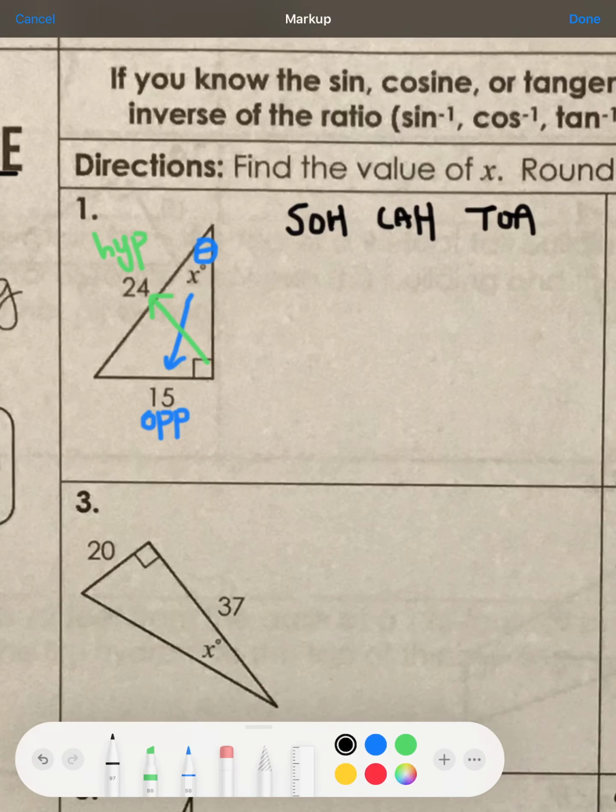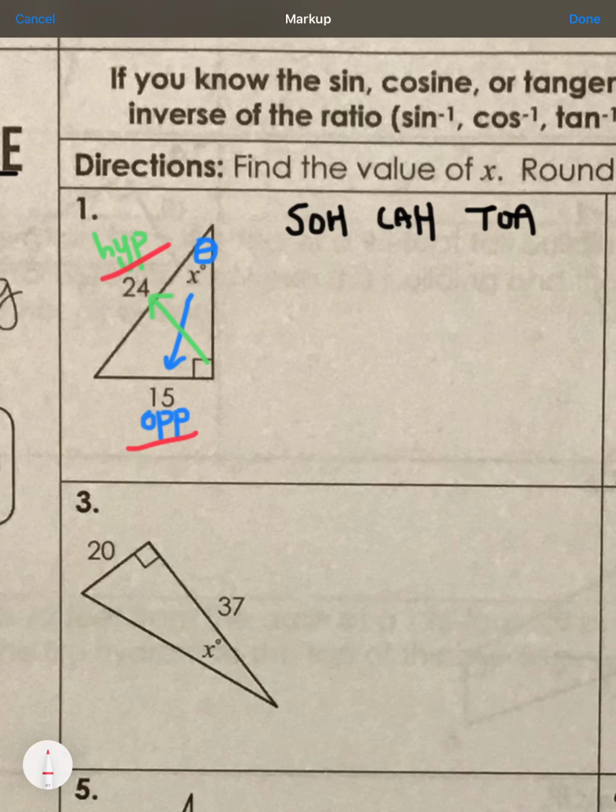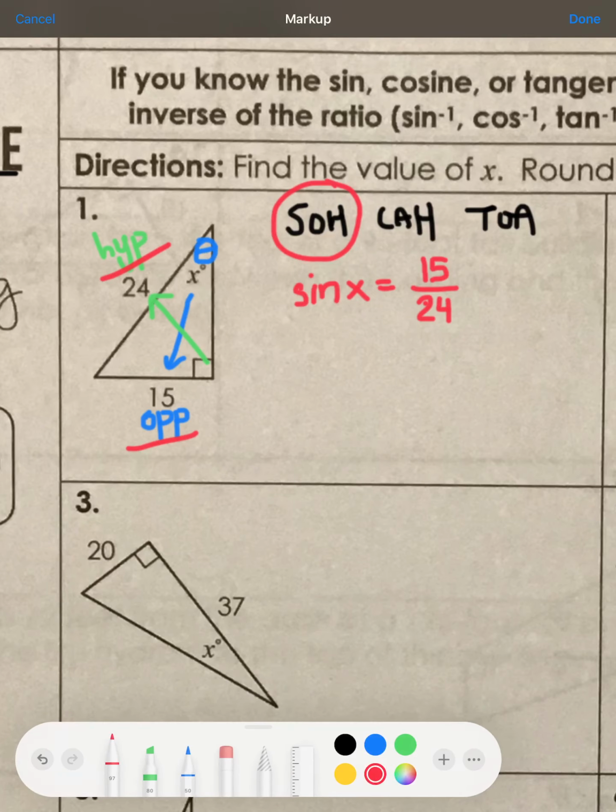So we need to decide from SOHCAHTOA should we use sine, cosine, or tangent? Well, since we have opposite and hypotenuse, we're going to use sine. So it's going to be the sine of the angle, which is x, equals the opposite over the hypotenuse.